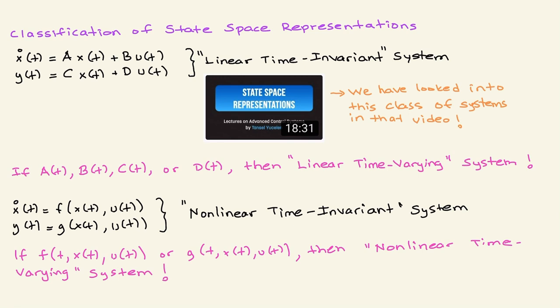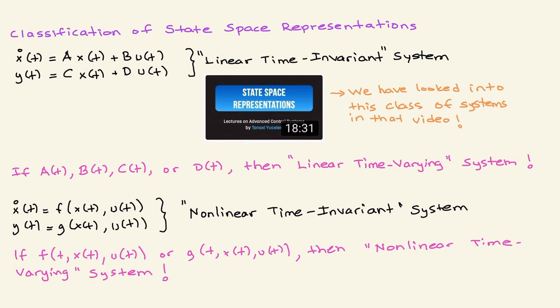So it is very important to emphasize that the system is called linear time invariant only when the matrices that multiply x's or u's are time invariant. In this video, I am not going to do examples for the linear time invariant system. Just watch the previous video. You are going to see 3 examples.